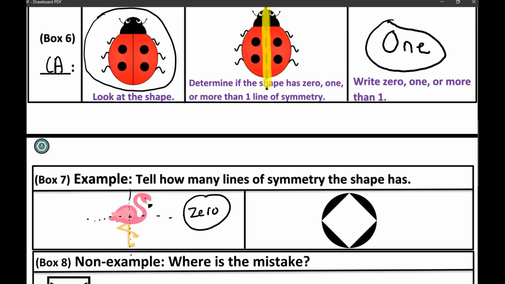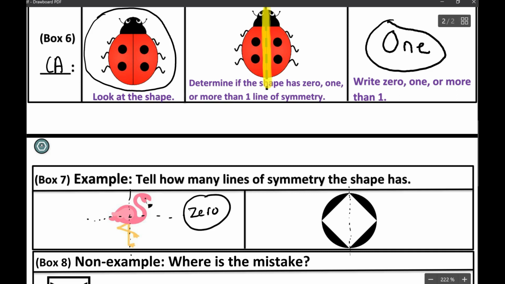Alrighty, it seems like it's a diamond inside of a circle. For this, we are again going to test it. When we test it, I recommend start by drawing a line vertically. It's easy to see. When I draw it vertically straight down it, I can see that I do have two equal parts, a left side and a right side that are both equal. So that tells me right away that's one line of symmetry.